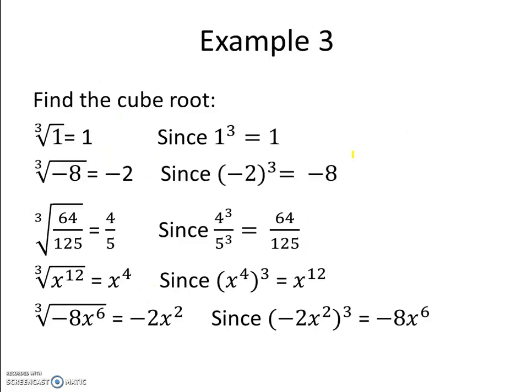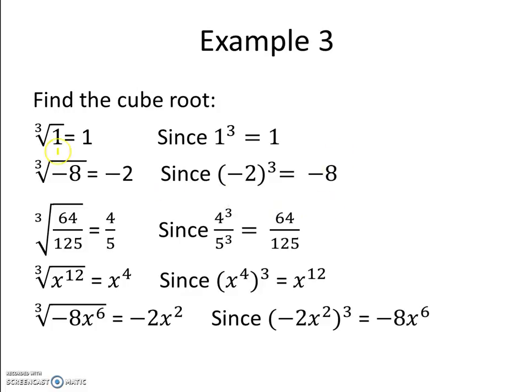Example 3, find the cube root of 1. The cube root of 1 is 1, since 1 cubed is 1. The cube root of -8 is -2, since -2 cubed is -8.